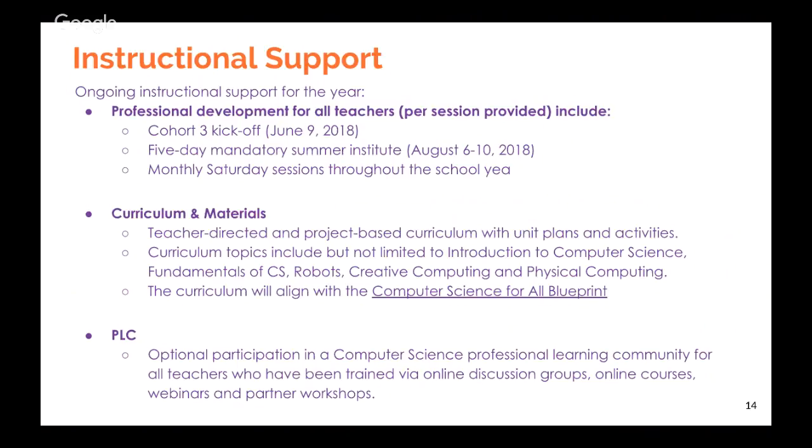After the summer, we have monthly Saturday sessions throughout the school year. We will have 9 throughout the school year. 5 of them will be specifically designed to support the current cohort, cohort 3, and 4 of them will be much more targeted professional developments, whether for a grade band or a teaching tool used as part of the content.